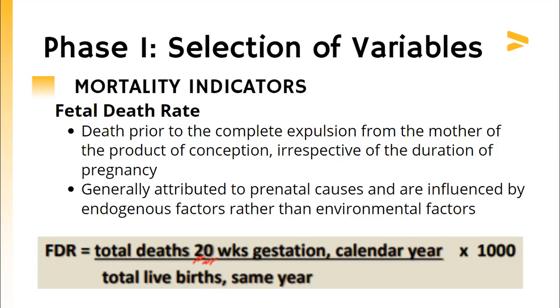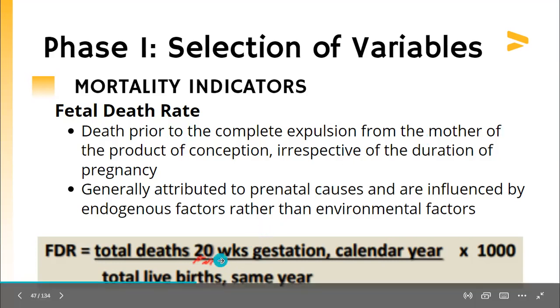For example, infants under 1 year, neonates under 28 days, and fetal death at least 20 weeks of gestation. You compare it with the total live births of the same year, and we multiply it with a factor of 1,000.